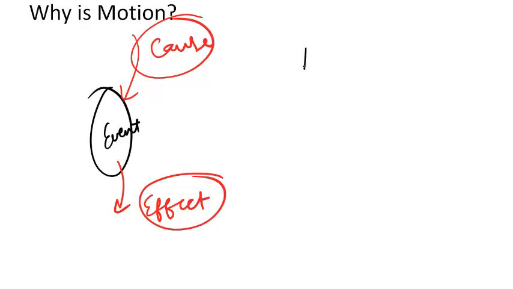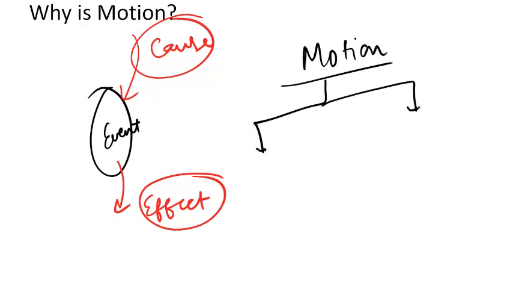So motion is also learnt in two ways. First will be the effect of the motion, and another one will be the cause of the motion. The effect of the motion is what all of this chapter deals with. This chapter and the next chapter, motion in 2D, also deal with the effect of the motion.